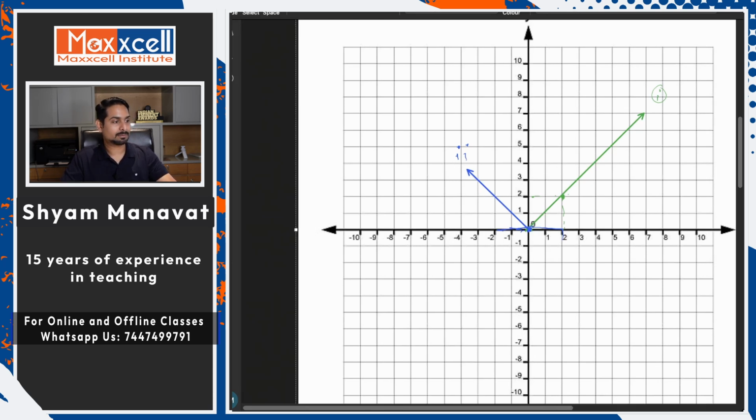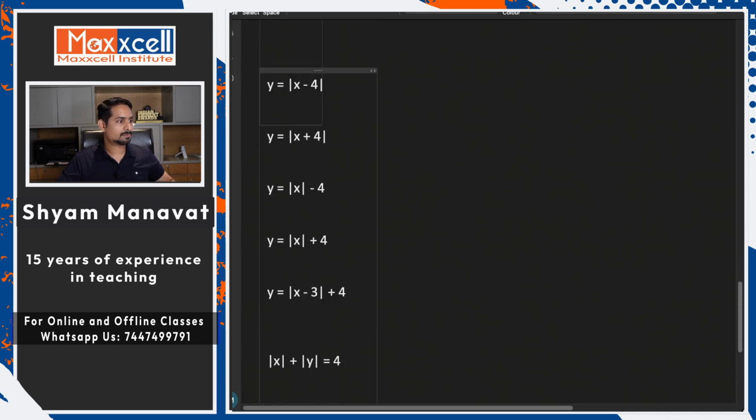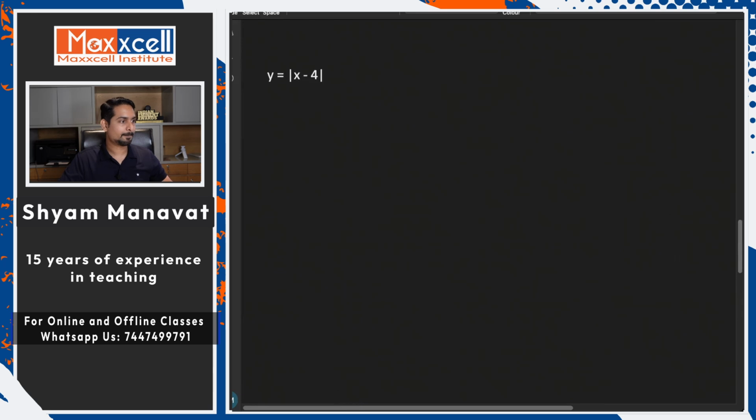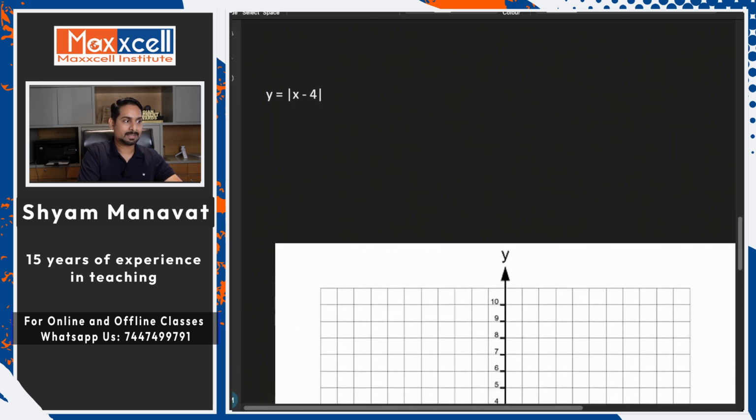Yeah, let's try one more question. I have a lot of questions for you. So let's try one more question and understand the same steps again. So I got y equal to mod of x minus 4.